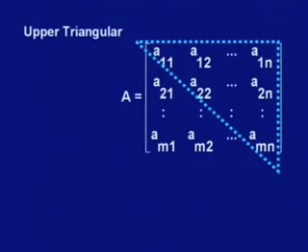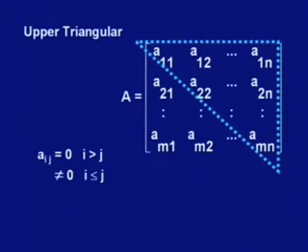So I define an upper triangular matrix as the one in which all elements which appear on the lower side of the diagonal, that is Aij where i is greater than j, are 0, and the non-zero elements appear only in the upper side of the diagonal. So the upper triangular matrix is one where non-zero elements appear on the upper side of the diagonal, including the diagonal, that is, the triangle.